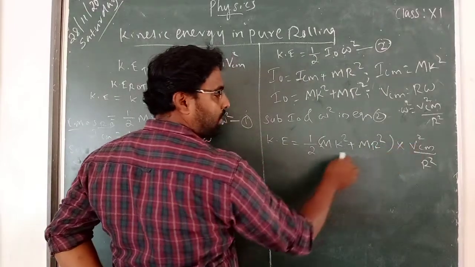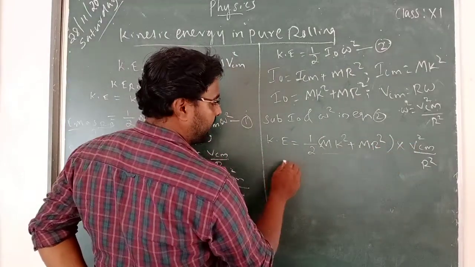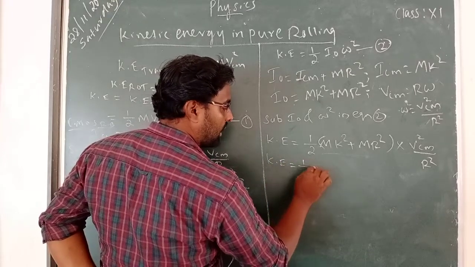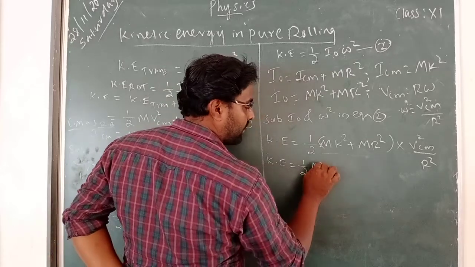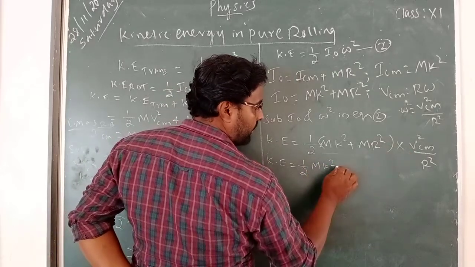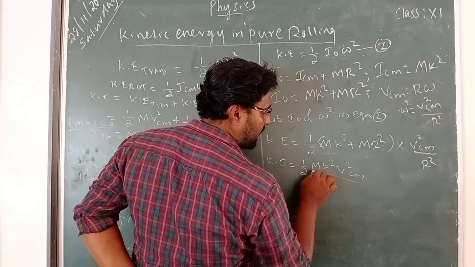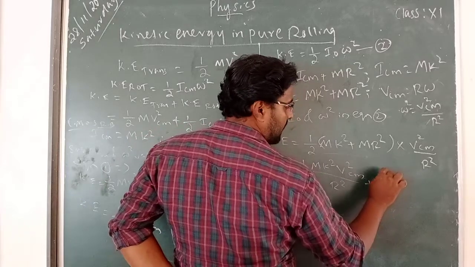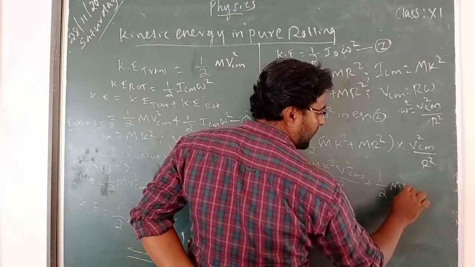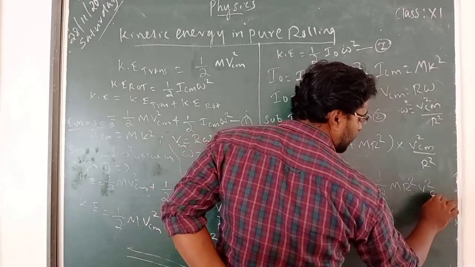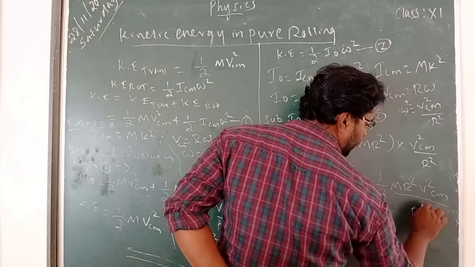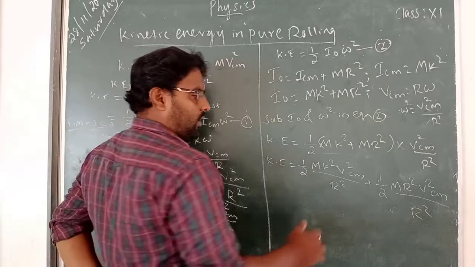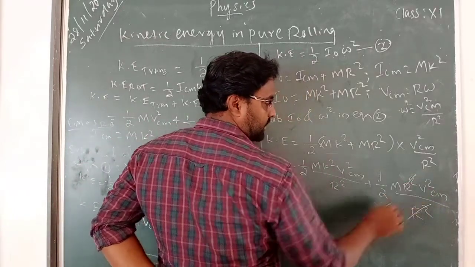Now this v square is common for these two terms, so multiply inside. So kinetic energy is equal to half m k square v square cm by r square plus half m r square v square cm by r square. This half is common for all, v square is common for all. So r square cancels.